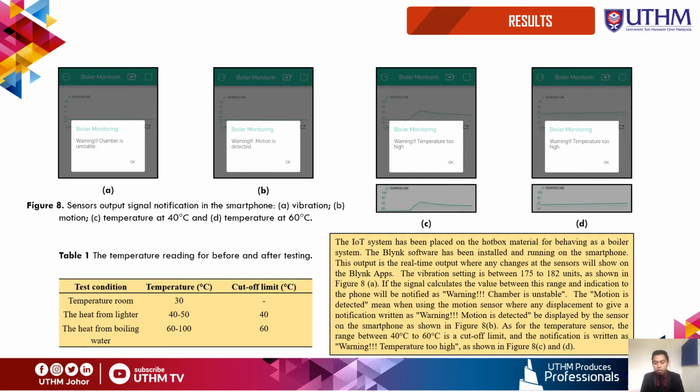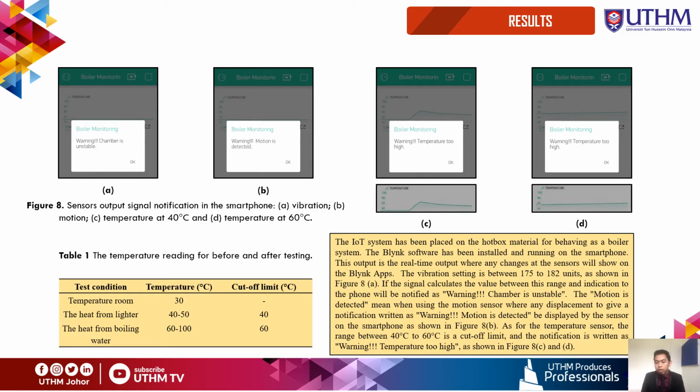It also happens with the vibration sensor, where when the sensor detects above 74 units, it indicates that the boiler is unstable. So the notification pops up on the smartphone with a warning notification.